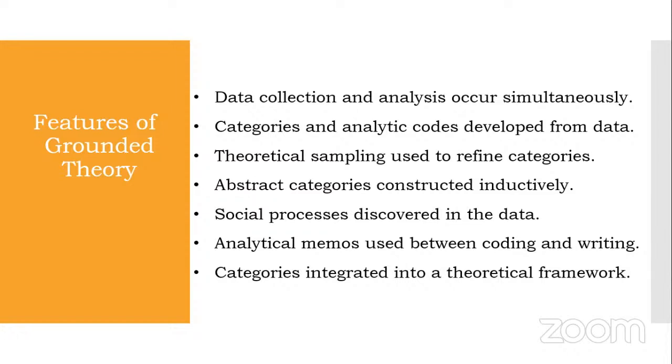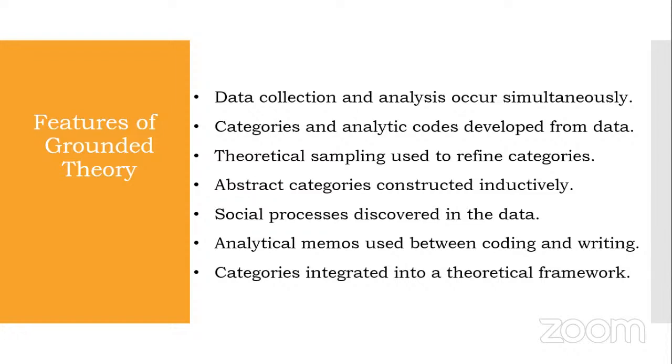Social processes are discovered in the data. Okay. Since this is a very rich data source that we are considering for grounded theory research, we can actually look into and understand the different types of social processes which are ingrained in the data itself. All right. Analytical memos used between coding and writing.